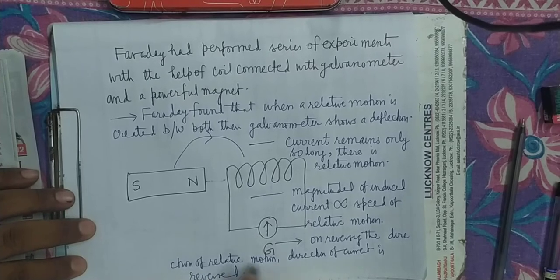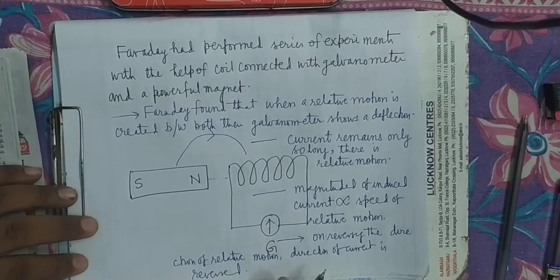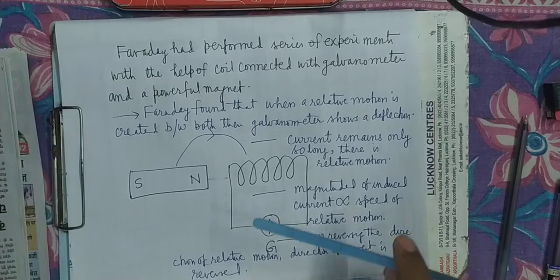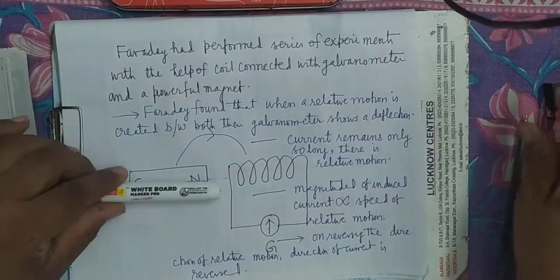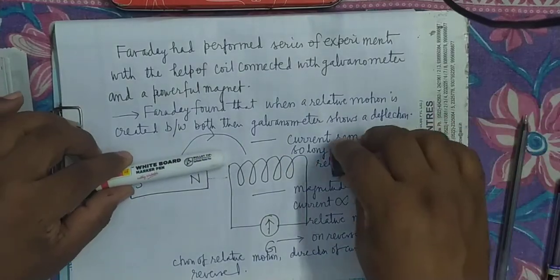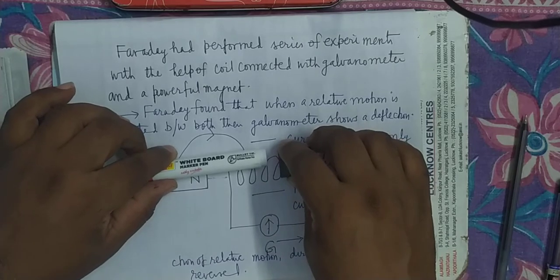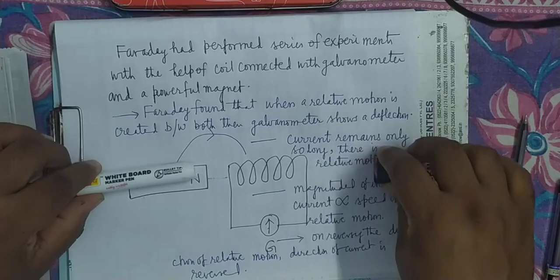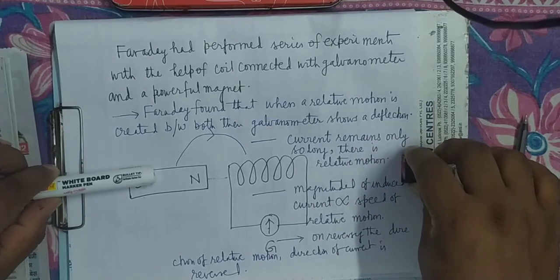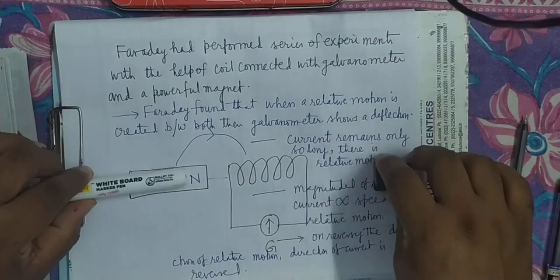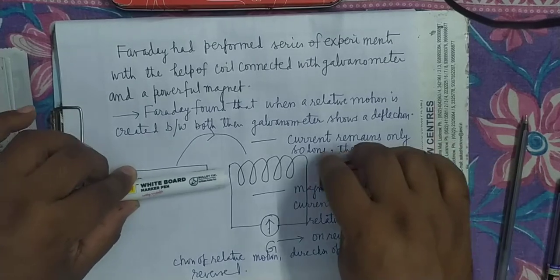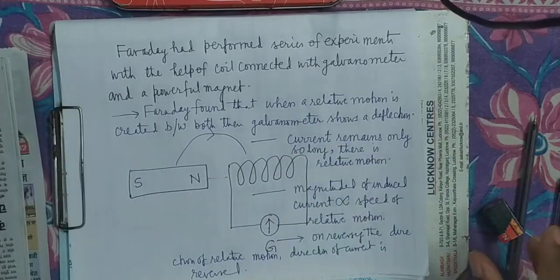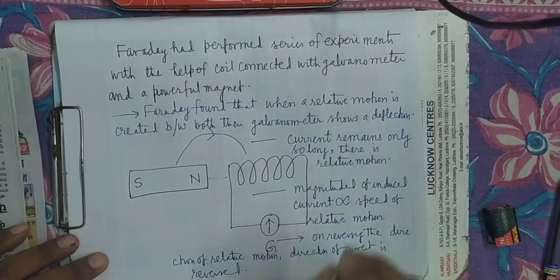Now, what is its meaning, on reversing the direction of relative motion? Means once the relative motion is such that the separation is decreasing with time, its reverse motion is such that the separation is increasing. Now if separation is increasing, its reverse motion is that separation is decreasing. It's clear? So these were the four observations.